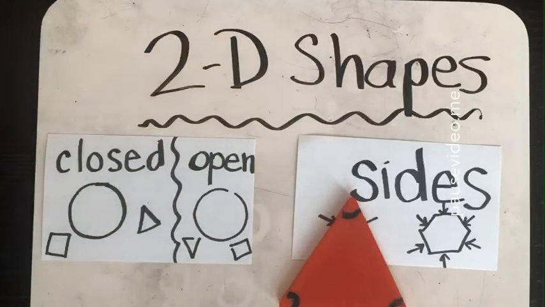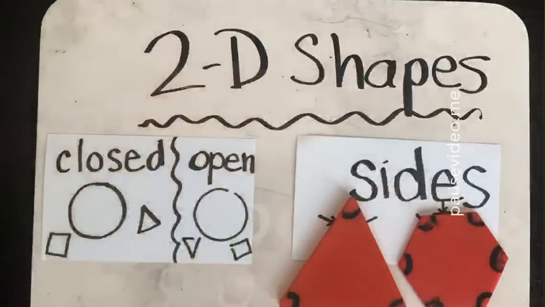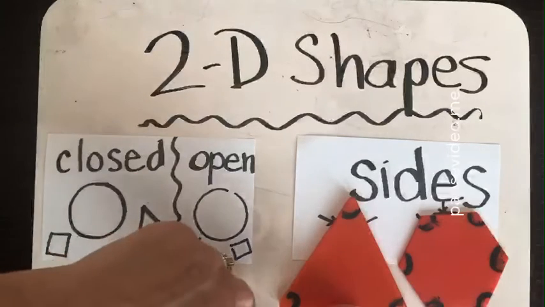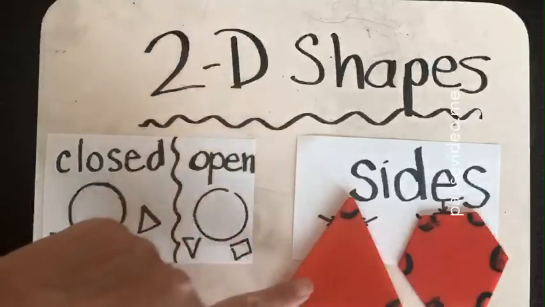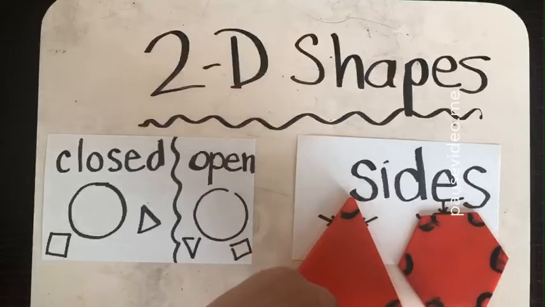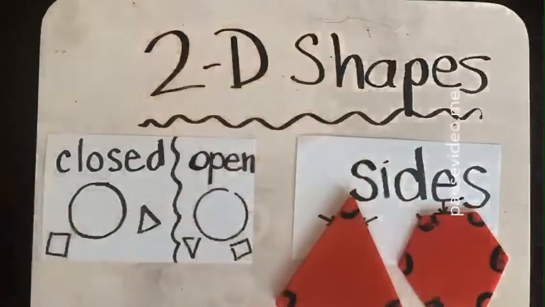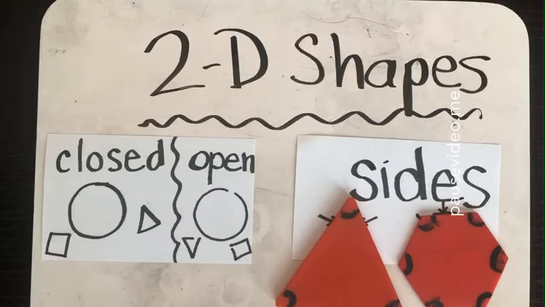I can look at how many sides there are in other shapes too. Like here is my hexagon. I can count how many sides I have in my hexagon. My triangle has 1, 2, 3 sides. My hexagon has 1, 2, 3, 4, 5, 6 sides. That's why we call it a hexagon. Hex in Greek means 6.